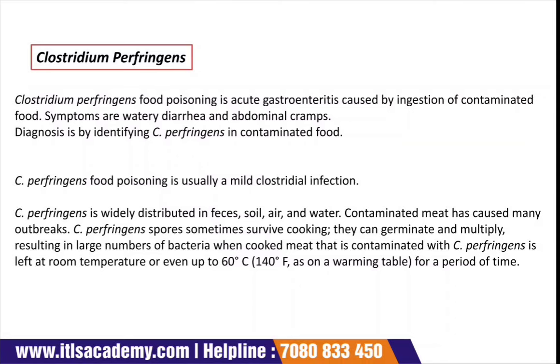So it is very important to always consume food that is free from any sort of microbial contamination. But if by chance you consume contaminated food, and if you are facing any of the symptoms, you should quickly see a doctor and take medication on time, and it will go away.